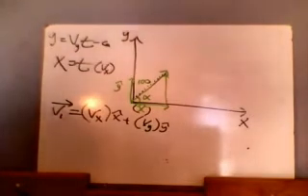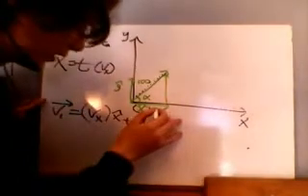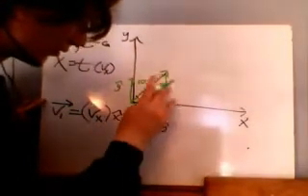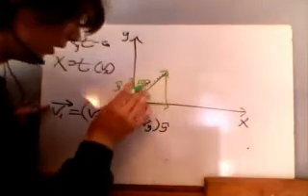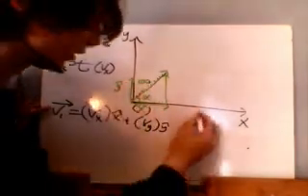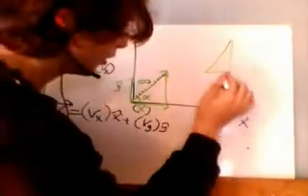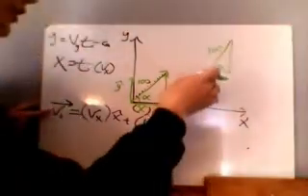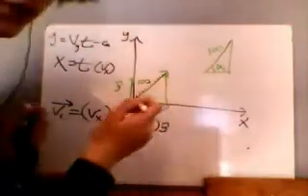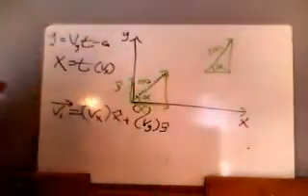All you need to know to find this side of the triangle, if it's a right triangle, is one angle, preferably this angle theta, and the length of this side, which I'm just going to redraw as a triangle. Angle theta, velocity 100. All we need to know is this angle theta and the length of this velocity vector.